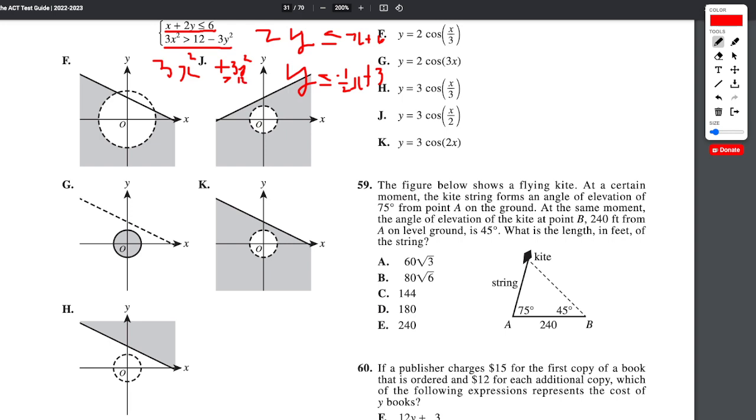You divide by 3 on both sides. You're left with x squared plus y squared is less than 4. Remember, so if someone asks you what is the radius, already here, the radius of the circle is the square root of 4, which is 2. The radius is 2. Alright.